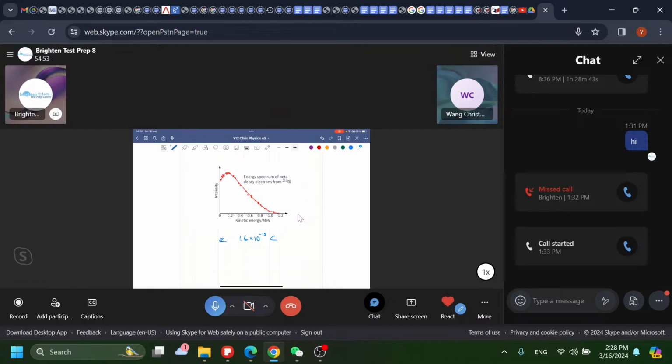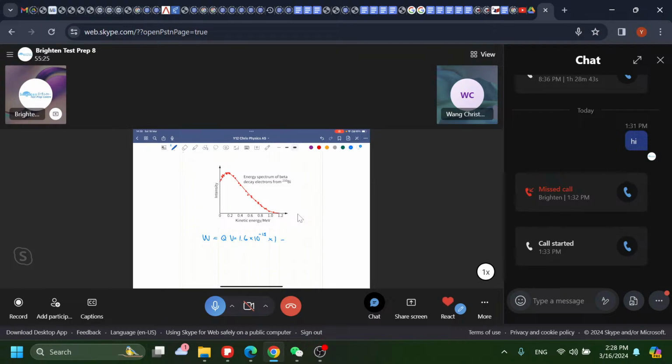And this one we can express a bit differently. We can say the energy must be the charge times the potential difference, that's Q times V. So in other words, we have 1.6 times 10 to the power of minus 19 times 1 volt times 1.